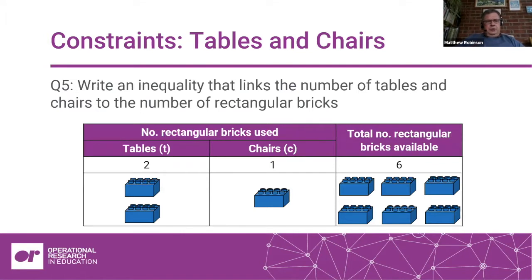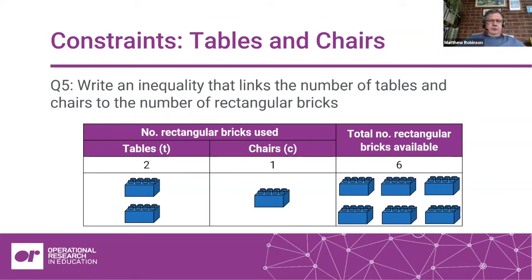I will give you the answer in just a few seconds, but what I want to do is write down an inequality that links the number of tables and chairs to the number of rectangular bricks. So what do I mean by that? If you remember, for each table that we produce, we use 2 of the rectangular bricks.